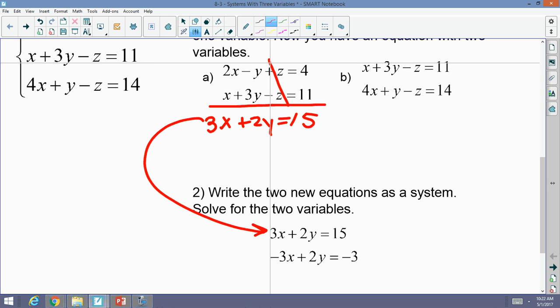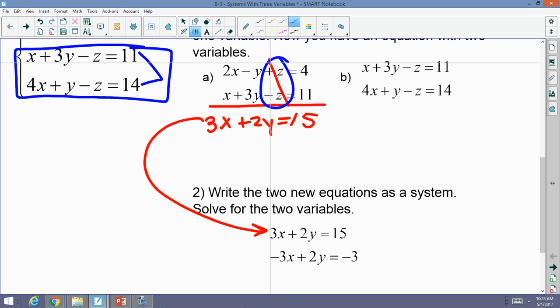Now I have to do my second two. That's why I always say pick the first two, because sometimes people will do the first and the last, or the bottom two, and they'll forget the first one. So take the first two as my suggestion, then take the last two, do the same thing there. But since you eliminated z here, who do you think you have to eliminate in the next one?